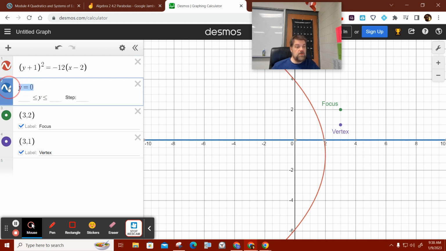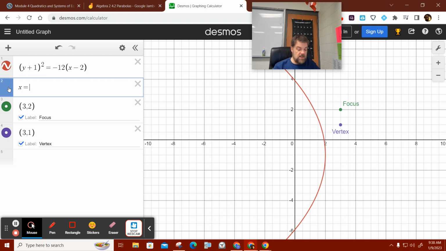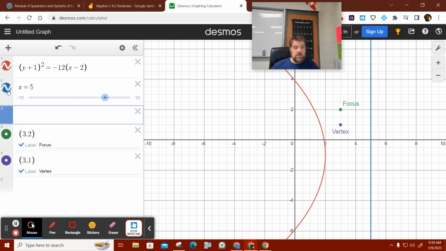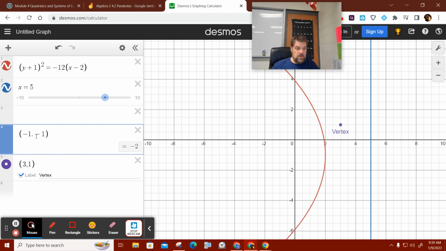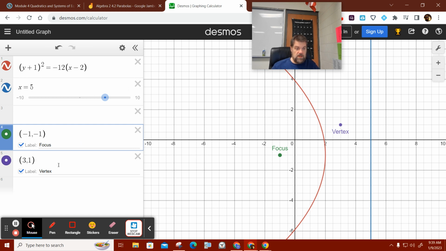We said that directrix was actually x equals 5. We said that the focus was -1 comma -1. Whoops. And we said that the vertex was h comma k, which is actually 2 comma -1.